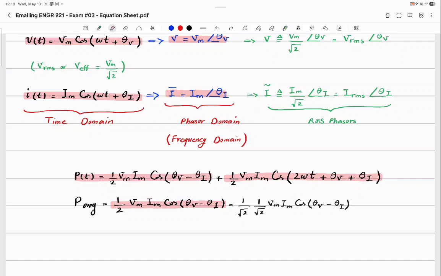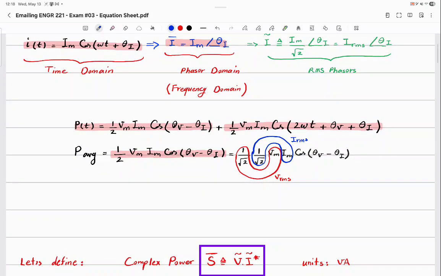Now I want you to tell me this. What do you call this? V effective or V RMS, right? And what do you call this? I RMS. So you should agree with this equation.